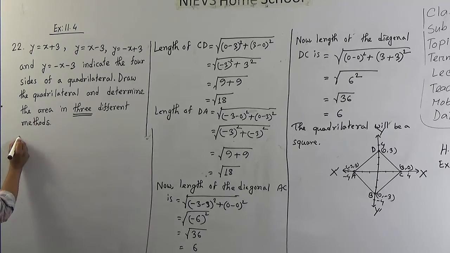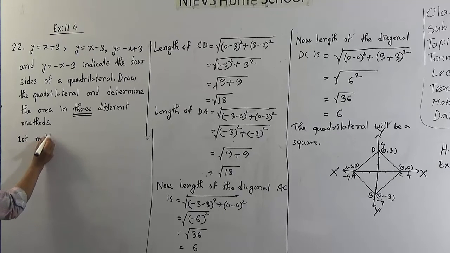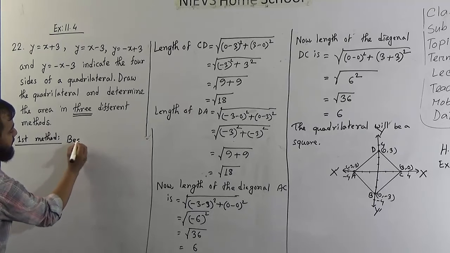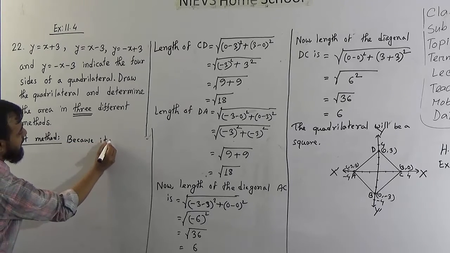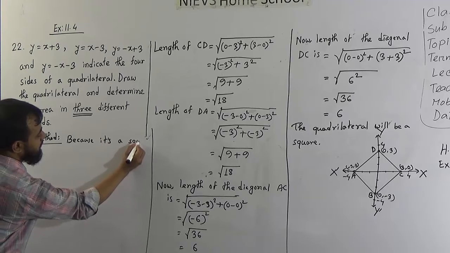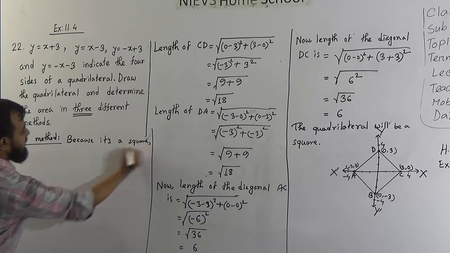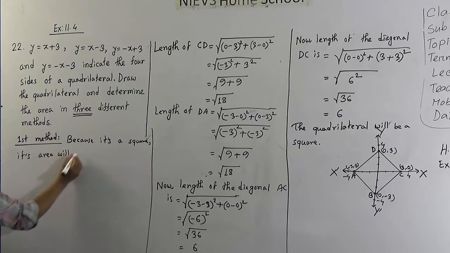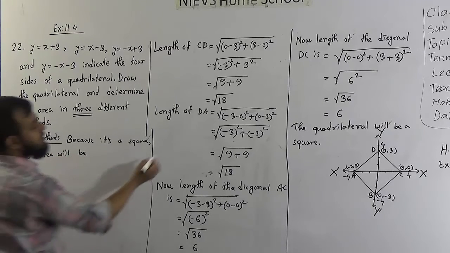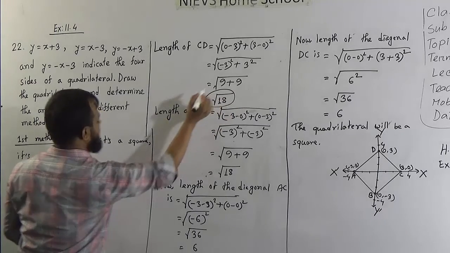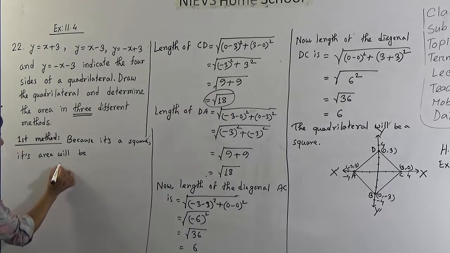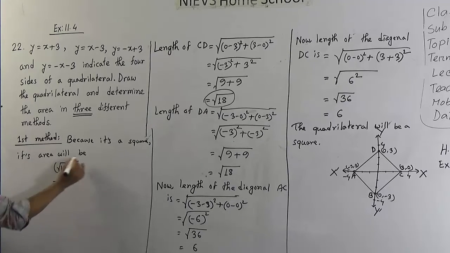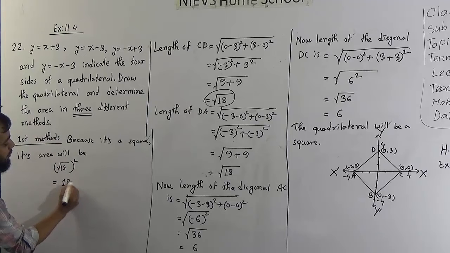The first method: because it's a square, its area will be side square. One side is what? The side is all the sides. It's square root of 18. Okay, so we can write square root of 18 whole square. That's equal to what? That's equal to 18, and the square and root will be omitted. It will be 18 square unit.